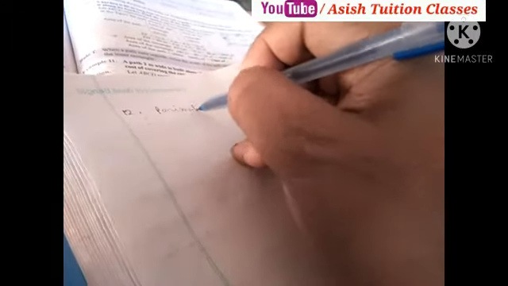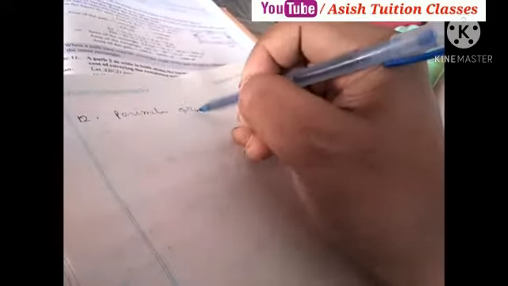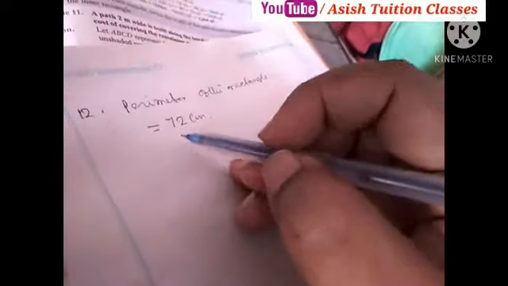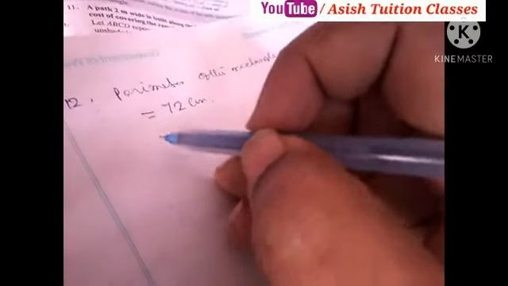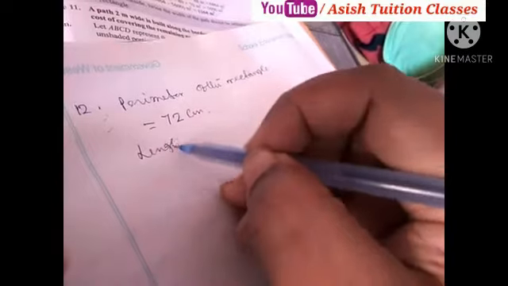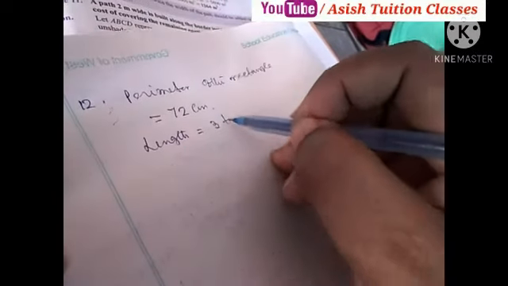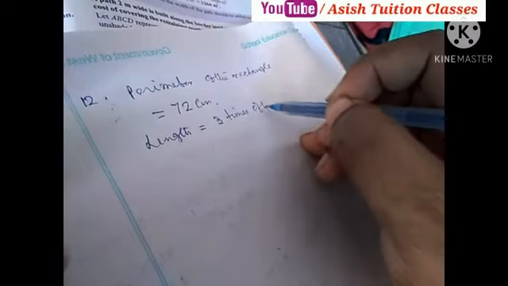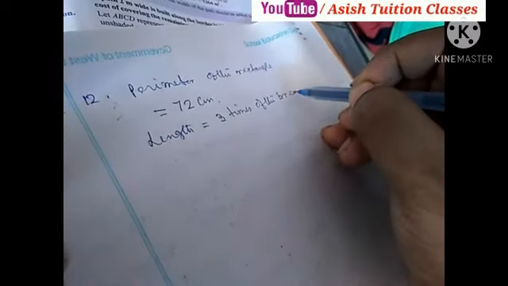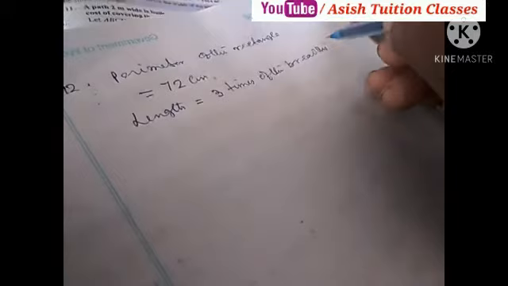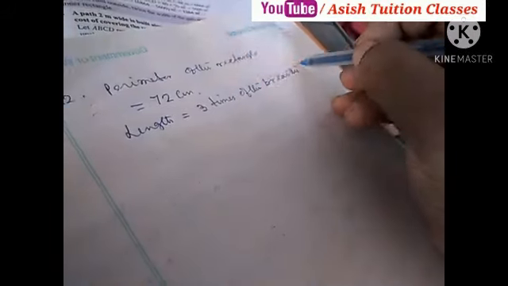Perimeter of the rectangle is equal to 72 centimeter, and length is equal to 3 times of the breadth or width.